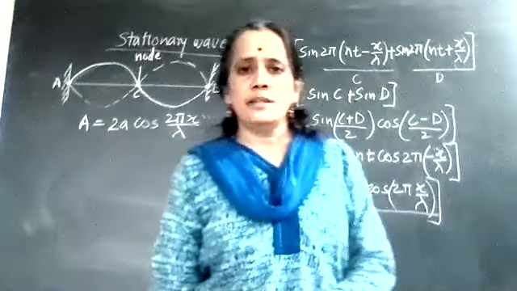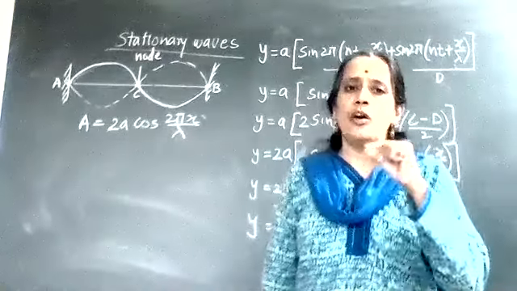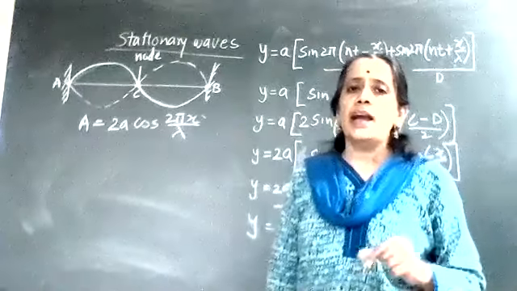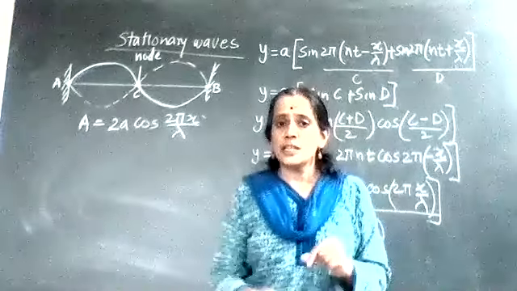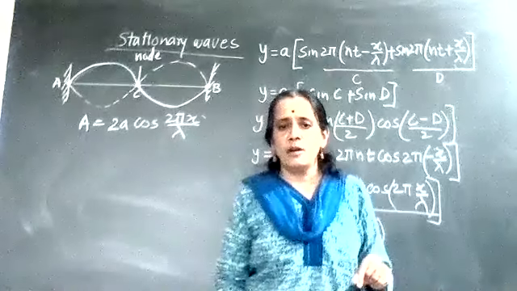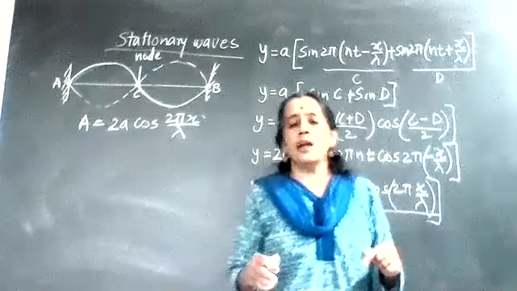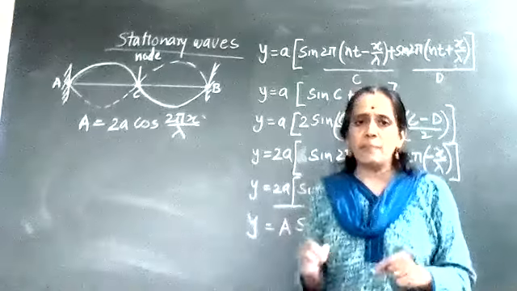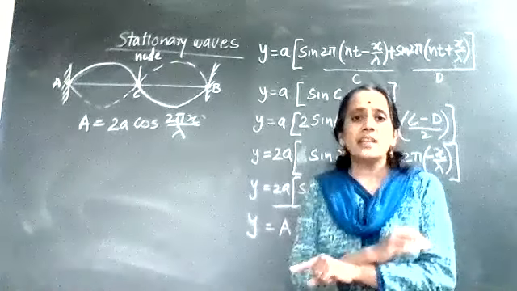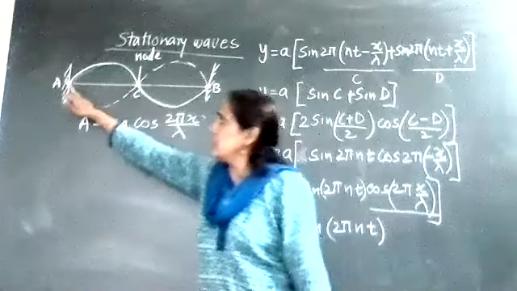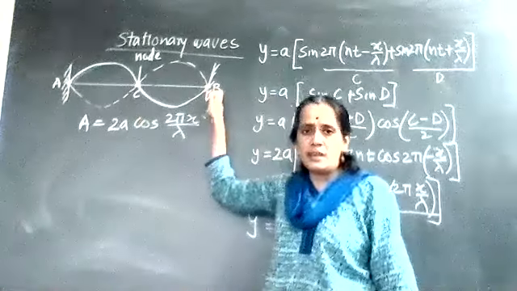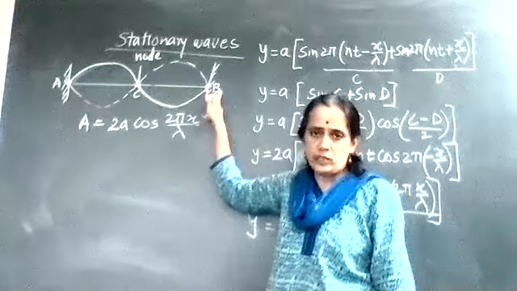Node point means the particle of the medium will remain at the rest position. Rest position means what? The displacement is 0. Displacement is 0 means what? The amplitude of that particle is 0. The particle is not set into vibration. So the points A, C and B are nothing but your node points.